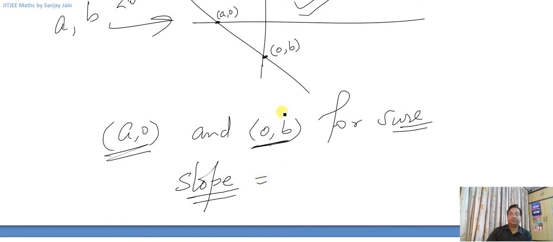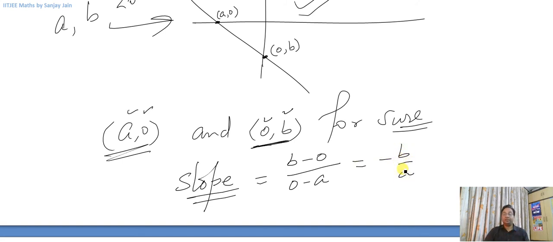Slope of this line will be the difference of y coordinates, that is b minus 0 divided by 0 minus a. So it will be equal to minus b by a. So when I say difference of y coordinates divided by difference of x coordinates, that means if you are taking y2 minus y1, then in the denominator you have to take x2 minus x1. You don't take x1 minus x2 in the denominator and y2 minus y1 in the numerator.